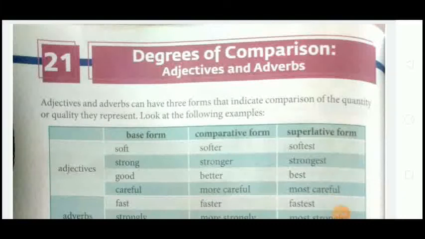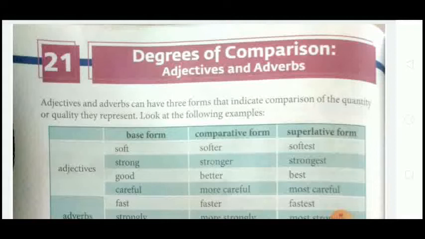Today in this video we are going to start chapter number 21 of grammar, and the name of the chapter is degrees of comparison. Students, from 3rd standard onwards you are learning degrees of comparison. You know all the adverbs and adjectives have three forms: positive, comparative and superlative.